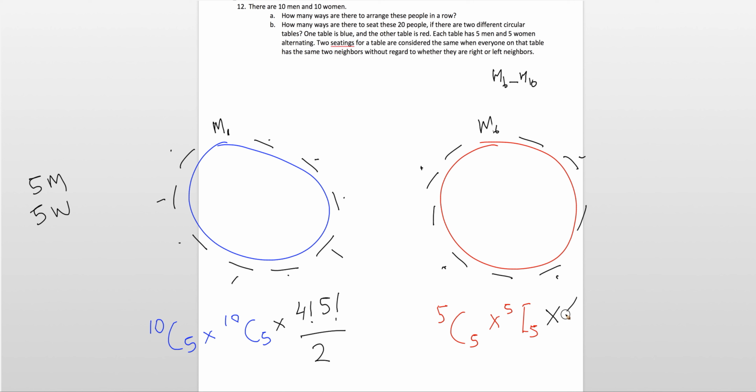So 4 men, 4 positions, so 4 factorial. The other 5 seats then have to be occupied by women, so that's 5 factorial. Again, we remove the mirror images because we don't care about the right and left neighbors, so divide by 2. This is for the blue table, this is for the red table, and we just need to multiply them and we get the answer to question 12b.